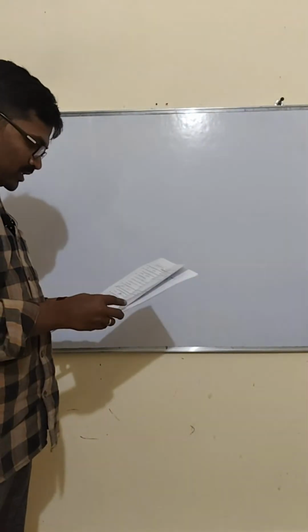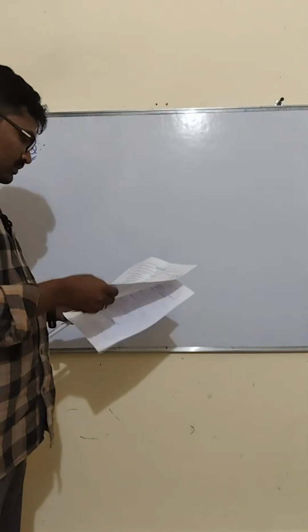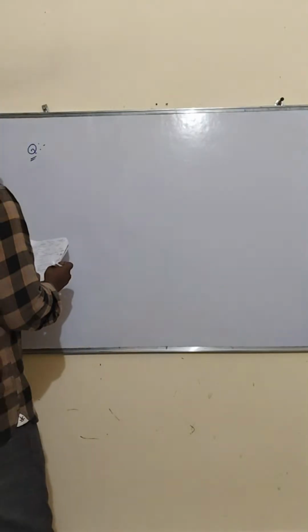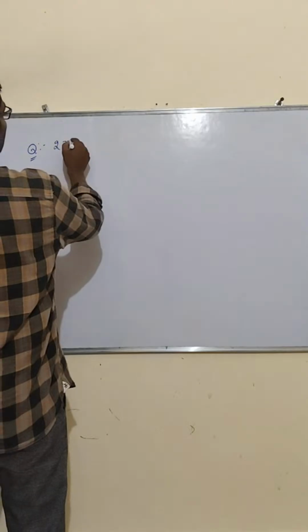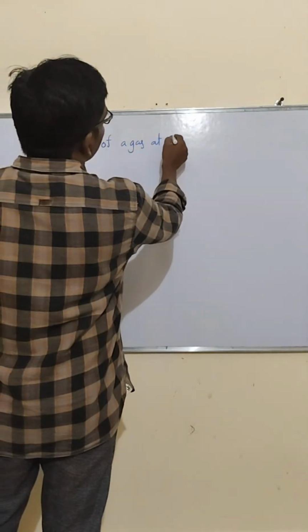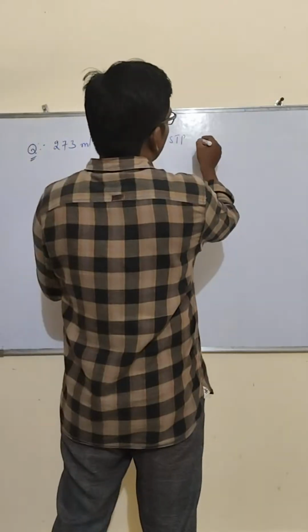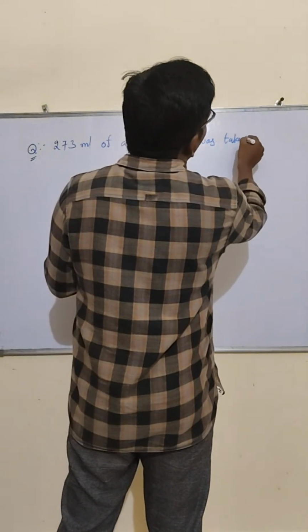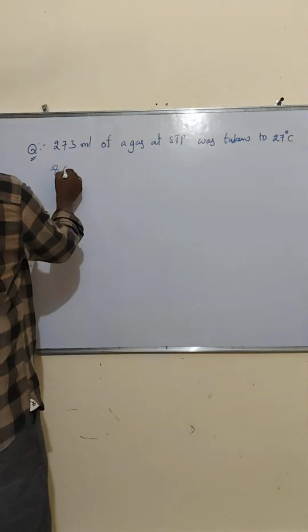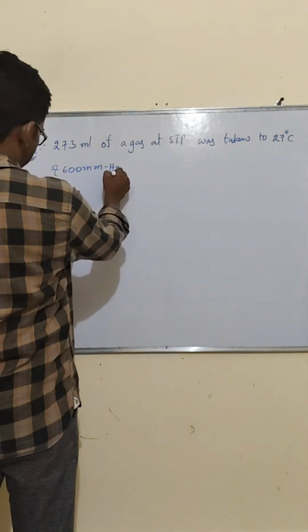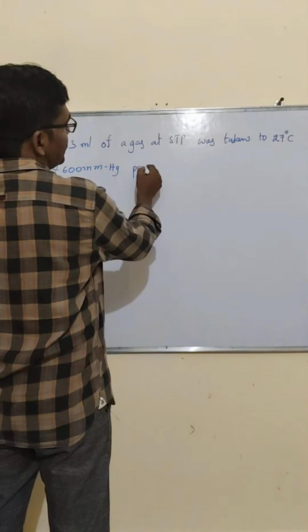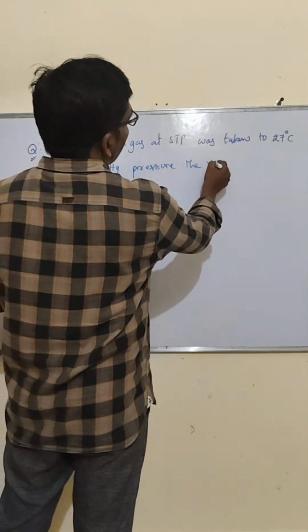The next expected question is from states of matter. 273 ml of a gas at STP was taken to 27 degrees Celsius and 600 mm of Hg pressure.